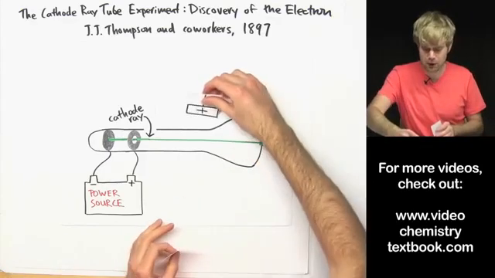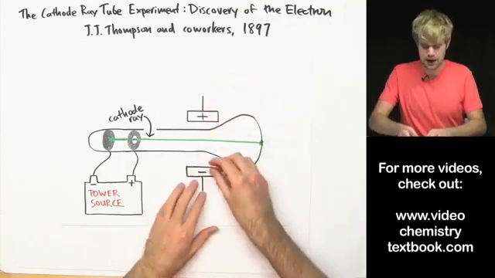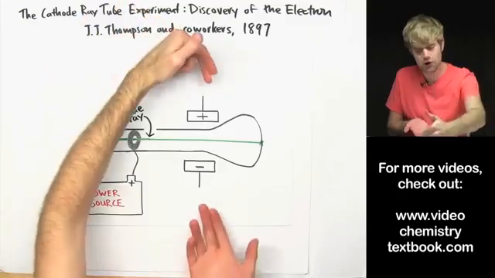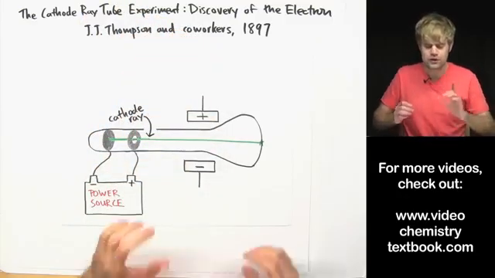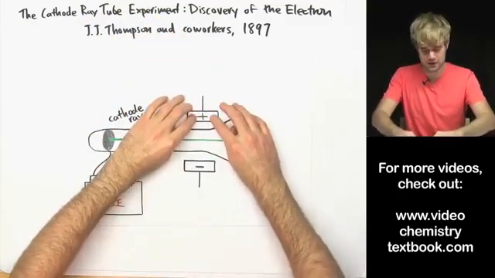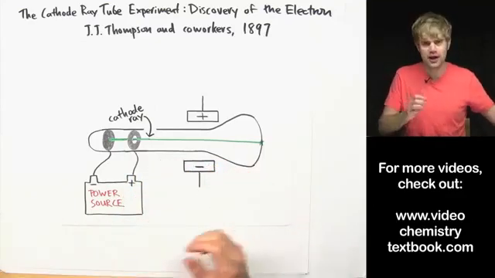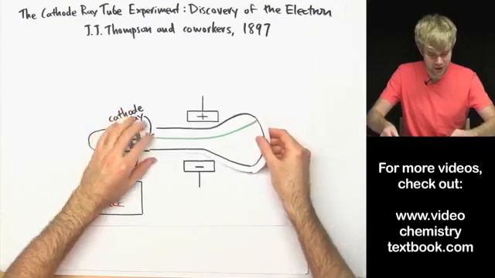He takes two metal plates and puts them on either side of the cathode ray tube. And then he turns on electricity, which makes the top plate positively charged and the bottom plate negatively charged. And check out what happens to the cathode ray.